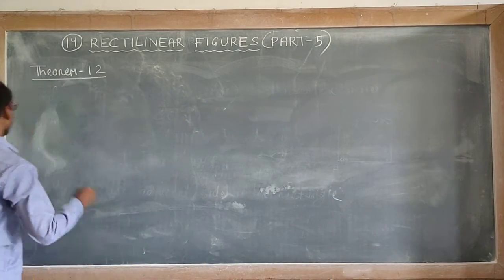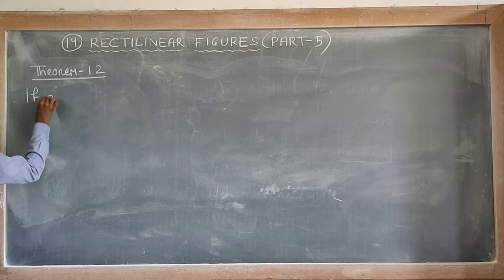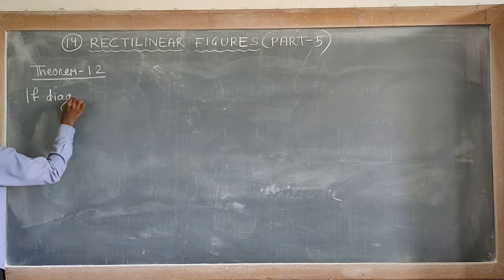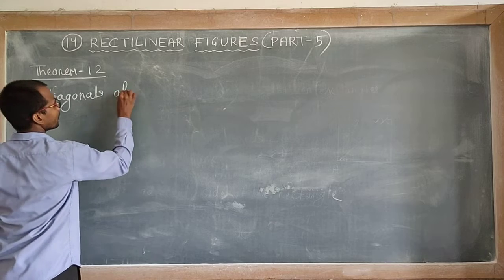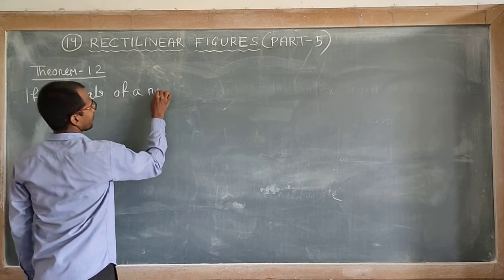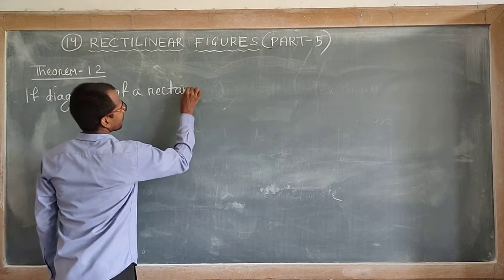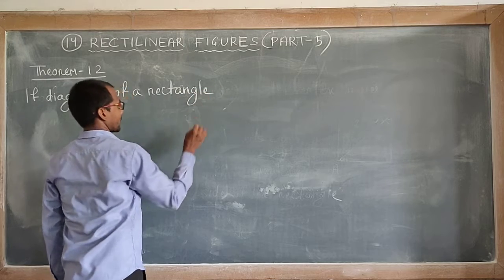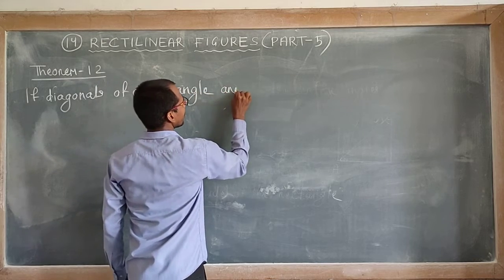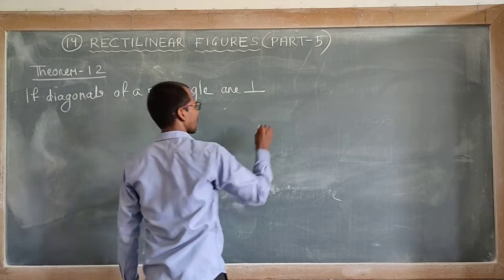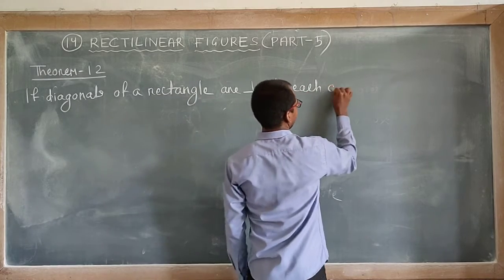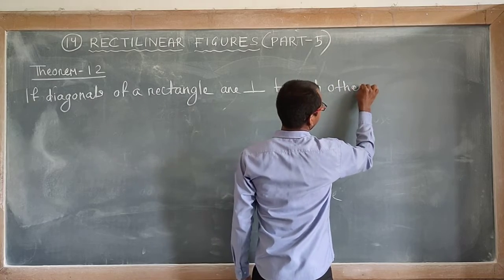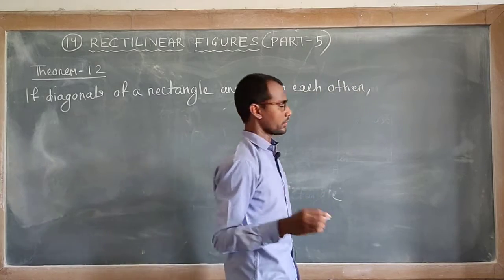If diagonals of a rectangle are perpendicular to each other, then it is a square.